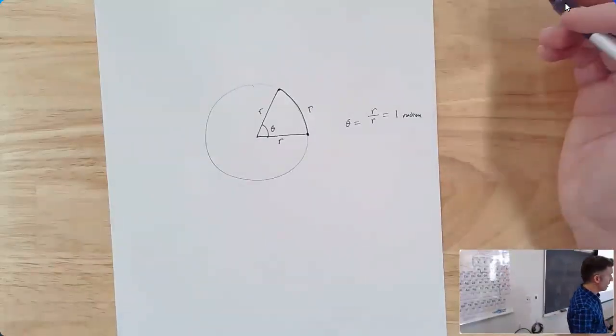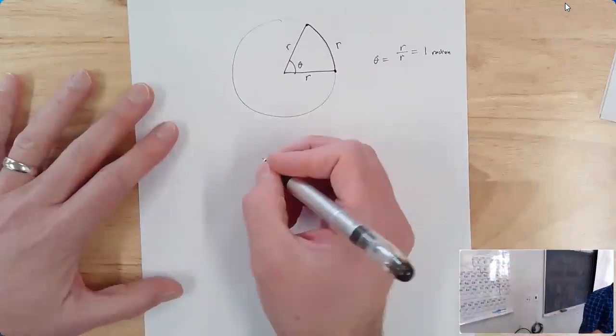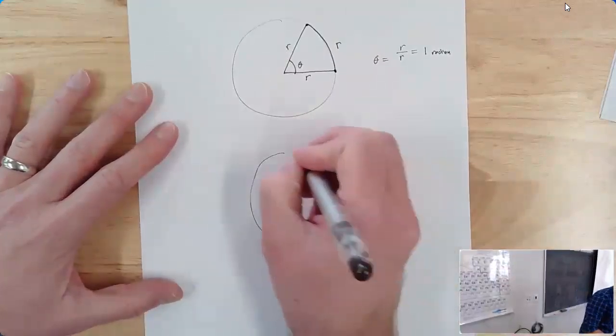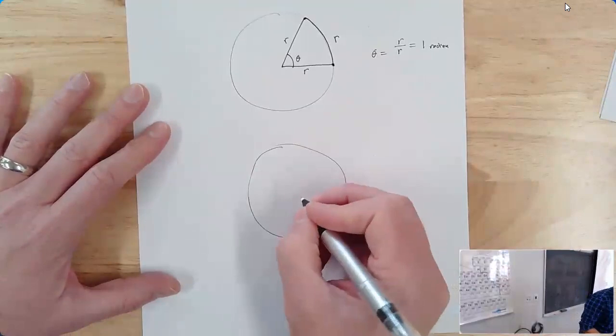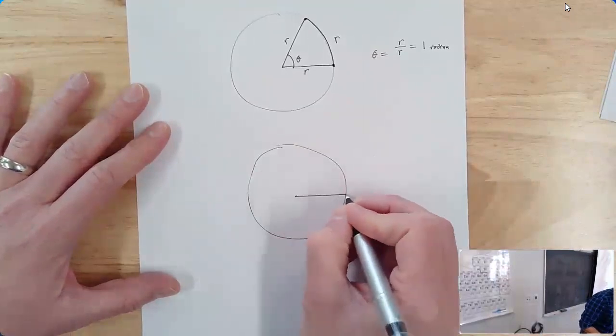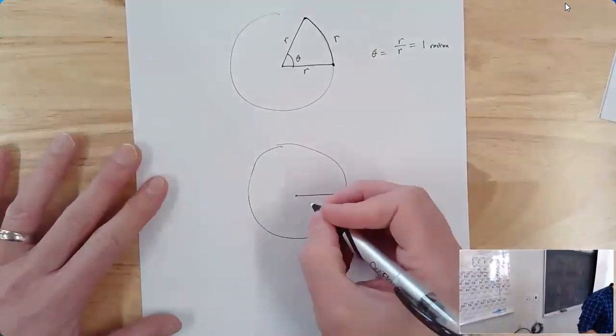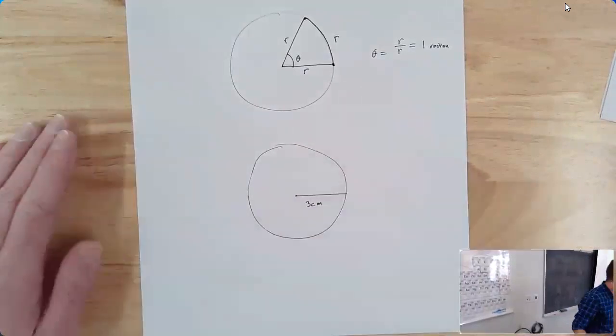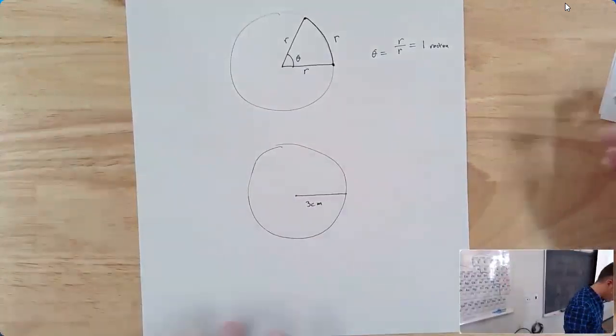So let's look at some real numbers for just a second. Let's pretend I drew a good circle. You all can pretend that for a minute. And let's say that the radius of the circle was actually about 3 centimeters.